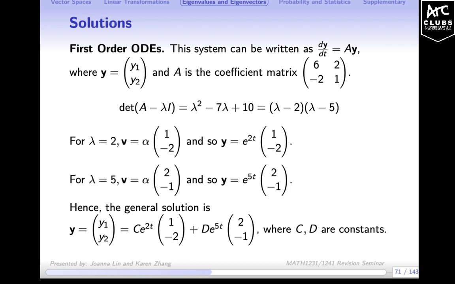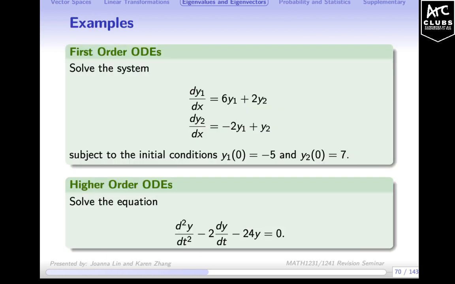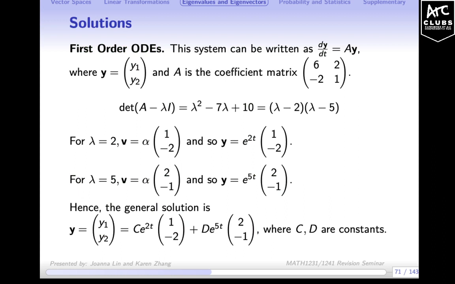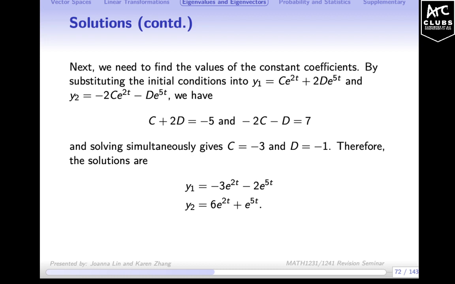That means the general solution, if you combine them with your constants C and D, is given down here. With this question, we're not done yet because we are given initial conditions, which means we are told to solve for our constants C and D. So to do that, you just sub in your initial conditions and you have simultaneous equations, and you find that C is equal to -3 and D is equal to -1.